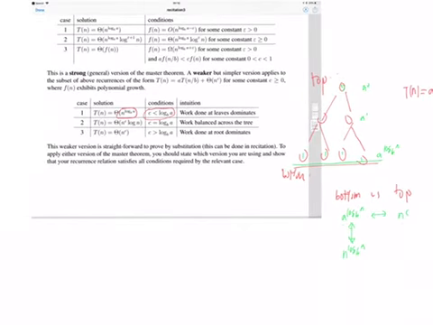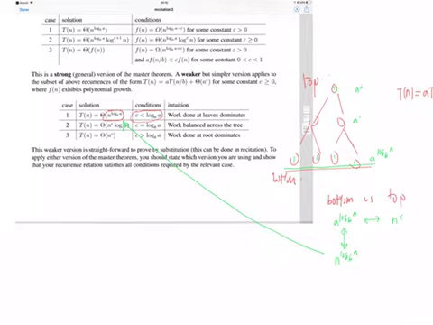So that looks familiar because that is exactly what they're talking about. They're saying if the work done at the leaves dominates, approximate T of n to just be the work done at the bottom. That's all they're saying.